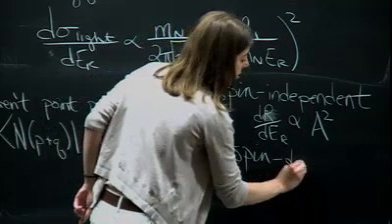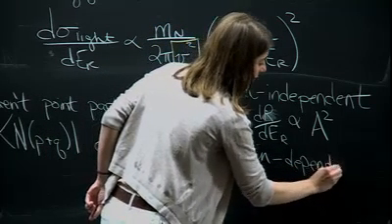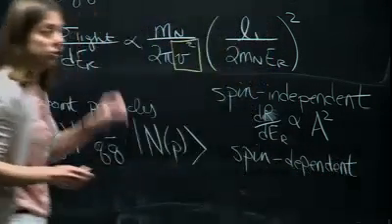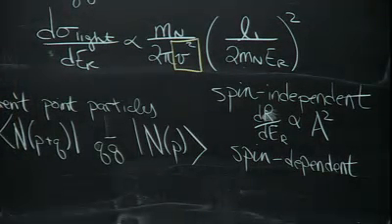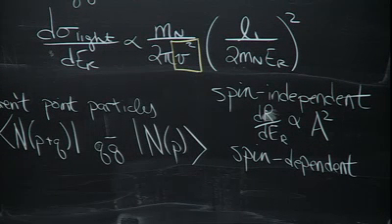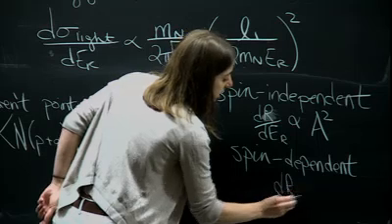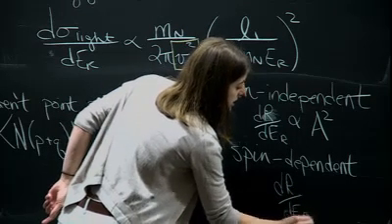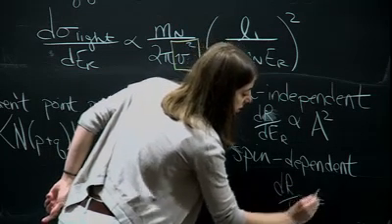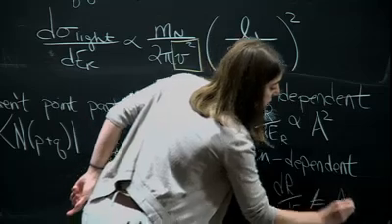If I actually do depend on the spin of each nucleon, then I lose this coherence, because now the scattering rate is going to be different depending on which nucleon I scatter off of, because it's going to depend on their spins. And so in that case, the differential rate is not proportional to A squared.